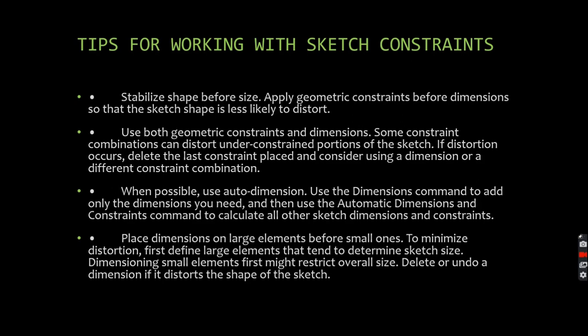When possible, use auto dimension. Use the dimensions command to add only dimensions you need, and then use the automatic dimensions and constraints command to calculate all other sketch dimensions and constraints.